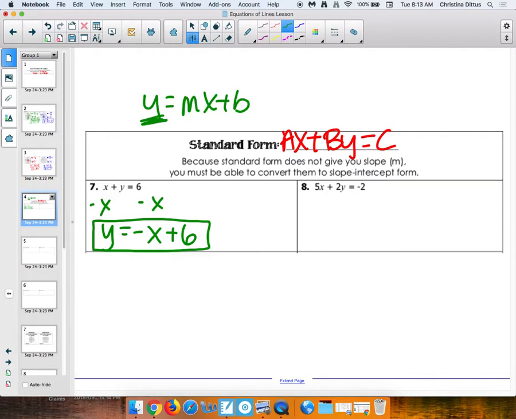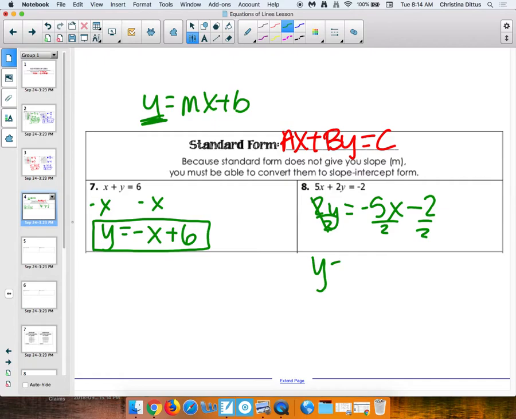Okay, 8, same thing. I want to get y by itself. What's the first thing I have to do? Subtract 5x, so I get 2y equals -5x minus 2. Then what? Divide by 2. We want y totally by itself, so divide everything by 2.